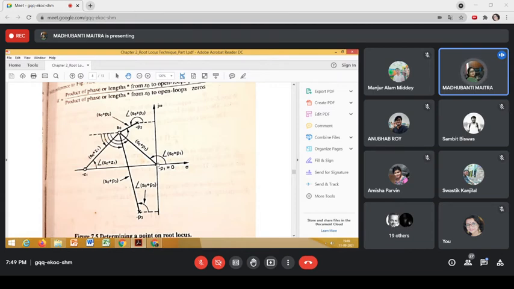We are joining this open loop pole and this trial point. This phasor is denoted by S0 plus P1, right? And this is the angle contributed by this phasor, or by this open loop pole, at this trial point. The length of the phasor will be the magnitude of the phasor.